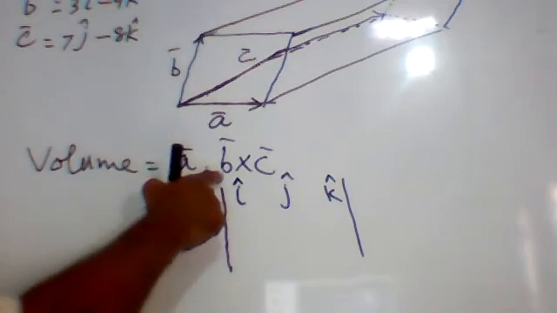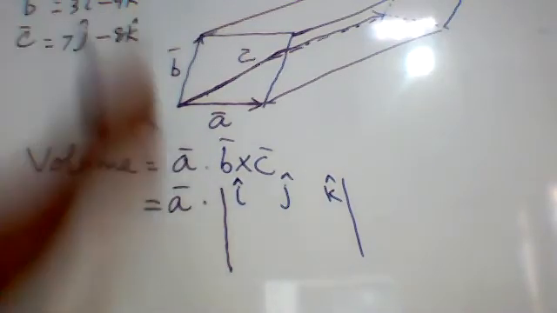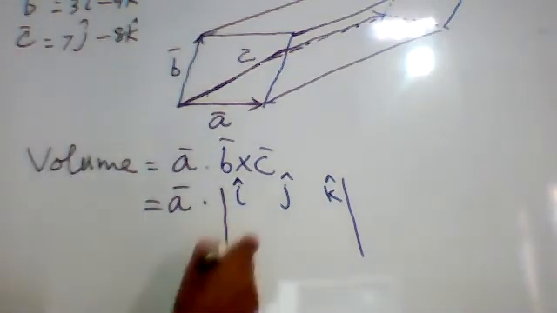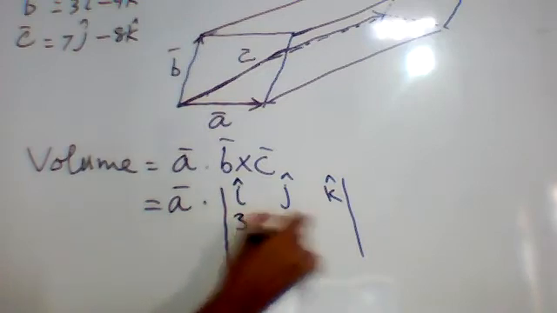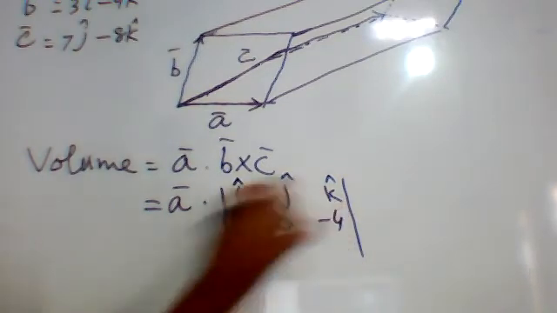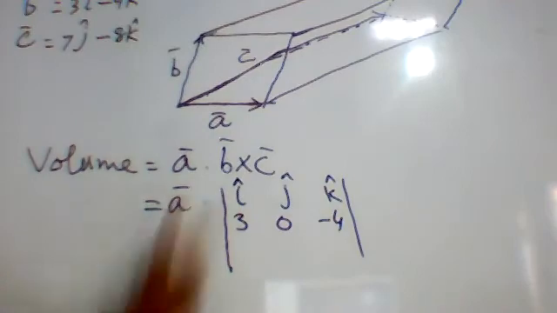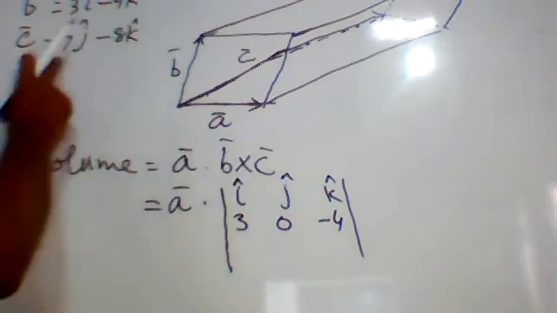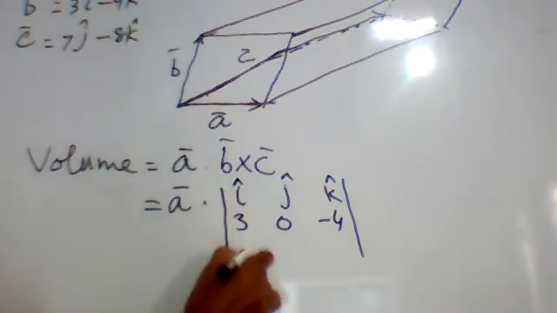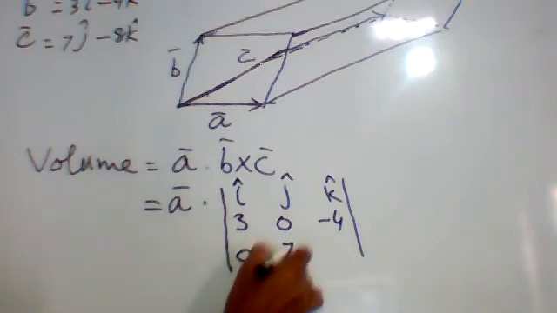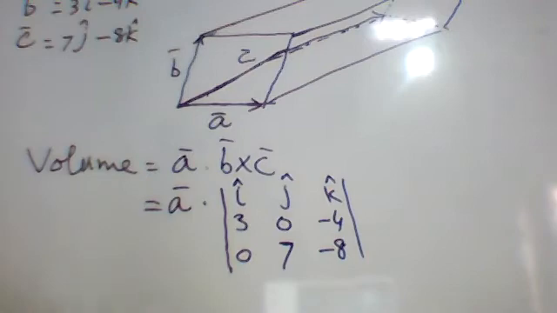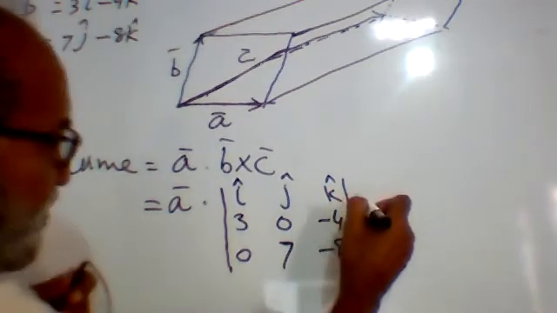First B: 3i minus 4k, 0 for j. Then C: 7j minus 8k, i is 0. We'll do it over there.